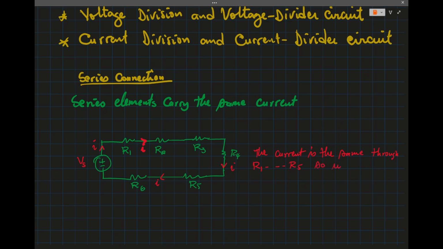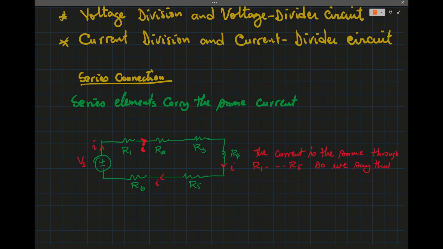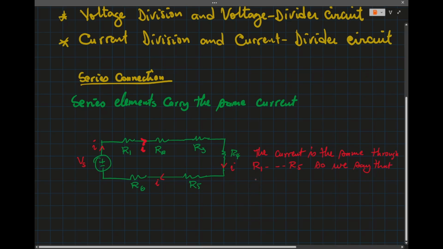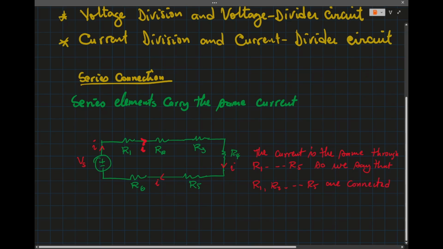So we say that R1, R2, through R5 are connected in series.